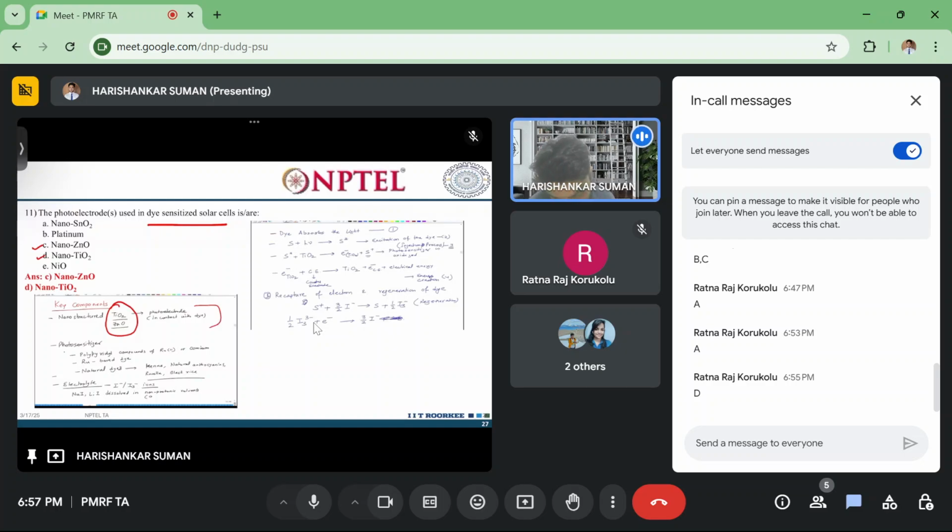Photoelectrode and photosensitizer: you can see natural dye, Arubis dye, and polypyrrole dye composition. In the lecture I think you have already seen these. These are the reactions.